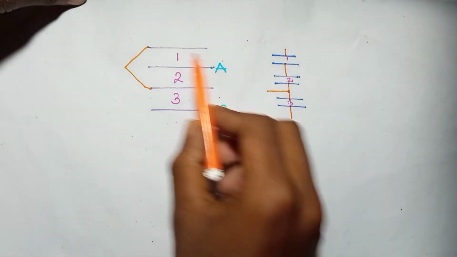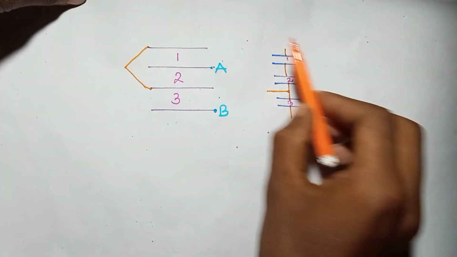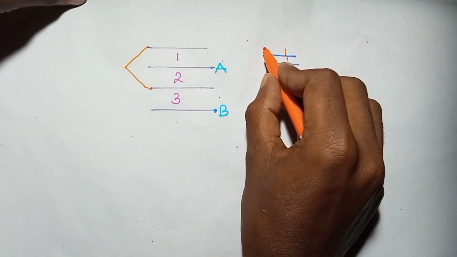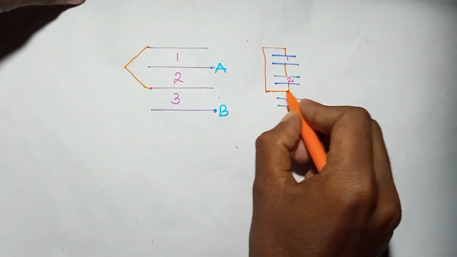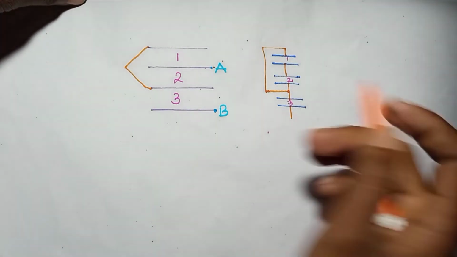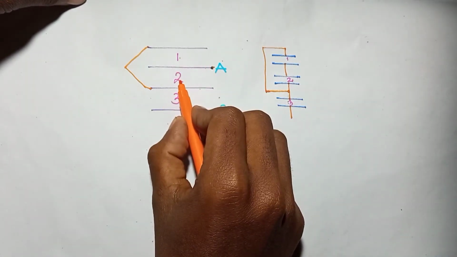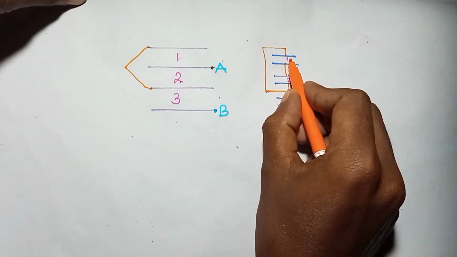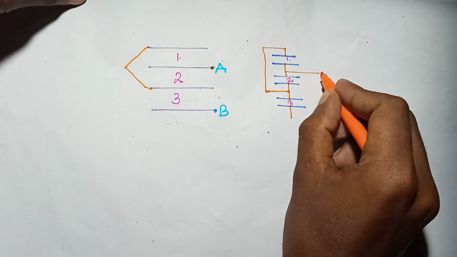Similarly this wire is connected to capacitor 1, so you have to connect these 2 points. Now this point A is present between capacitor 1 and capacitor 2.